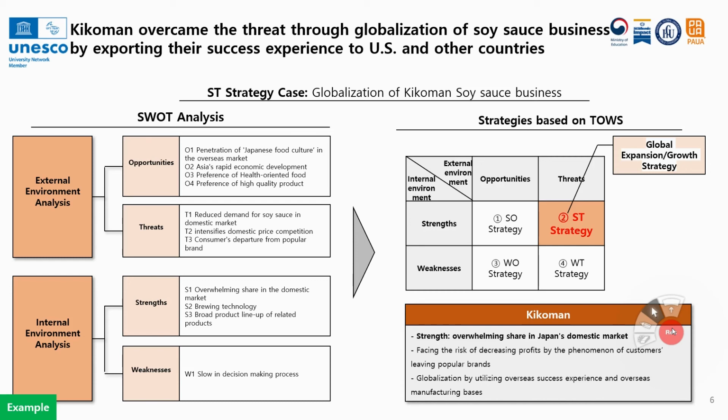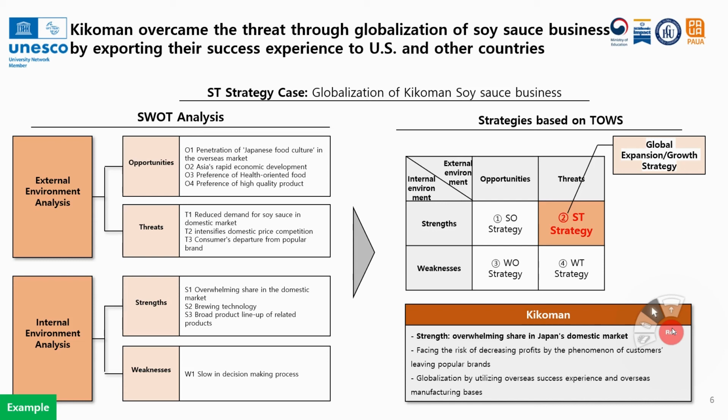The customers now are looking at very detailed, segmented brands, targeting only their own small groups' interests or needs. So popular brands like Kikkoman are not chosen by the customers anymore. So there is a big threat in the domestic market of Japan.